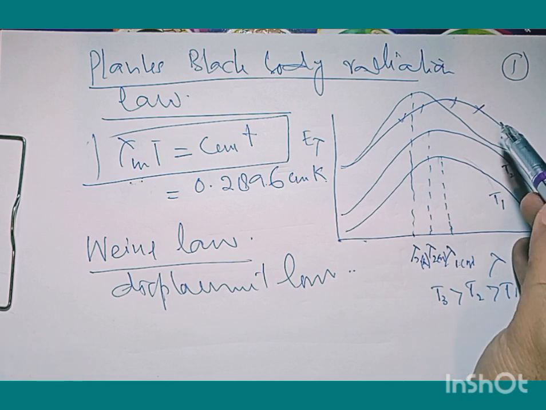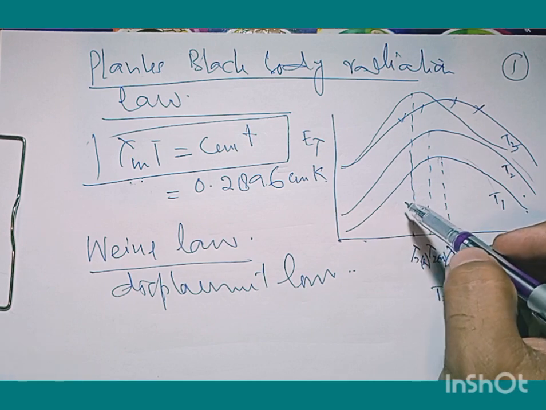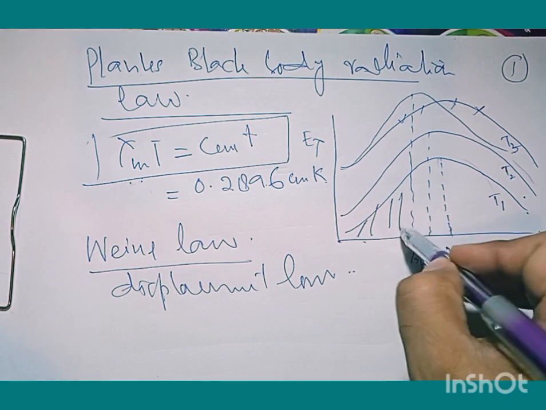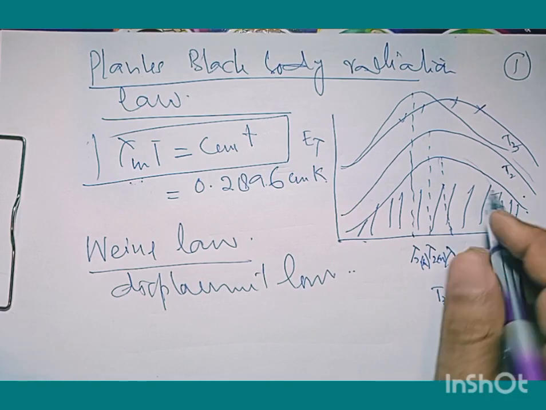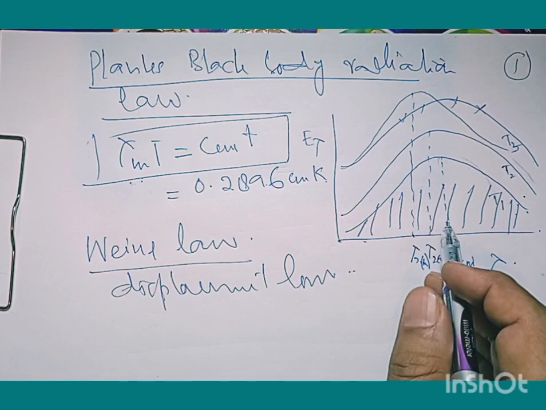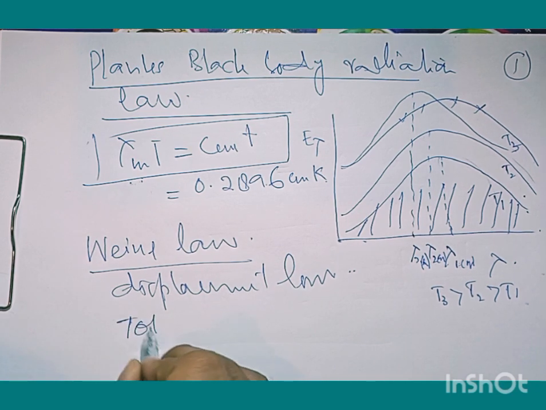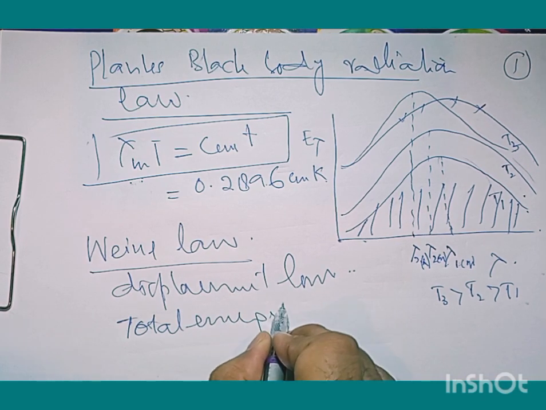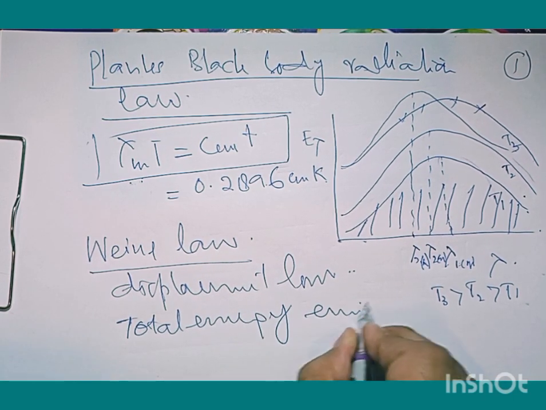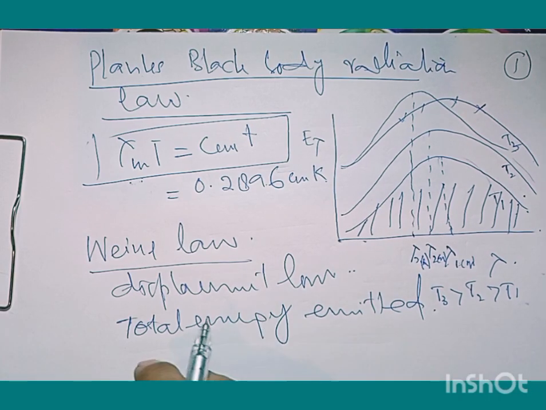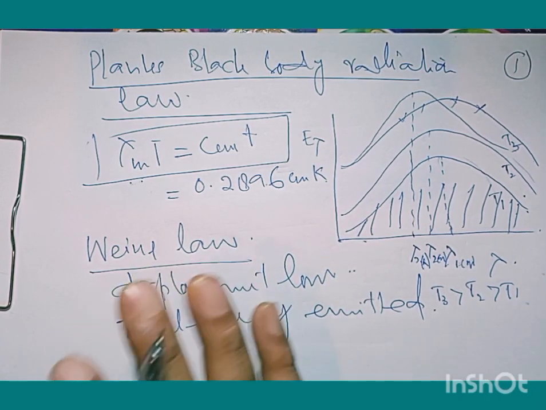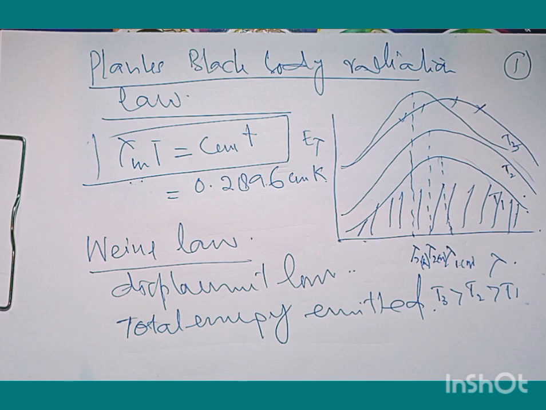If we calculate the area under this curve, say for T1, this area under the curve represents the total energy emitted at a particular temperature for the range of wavelengths.